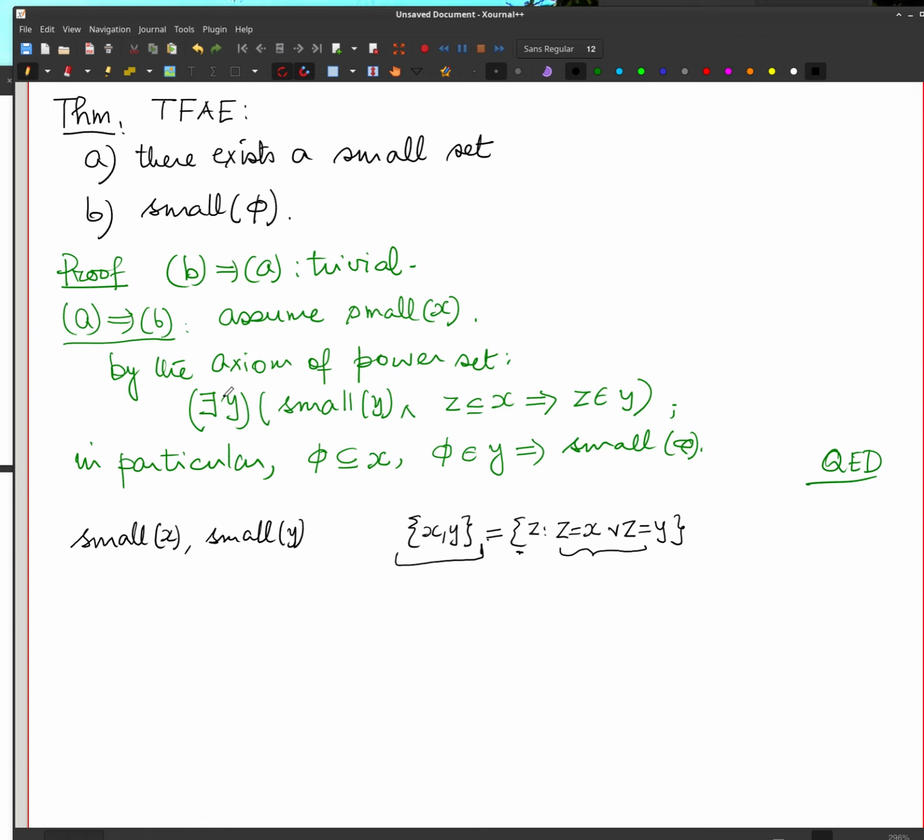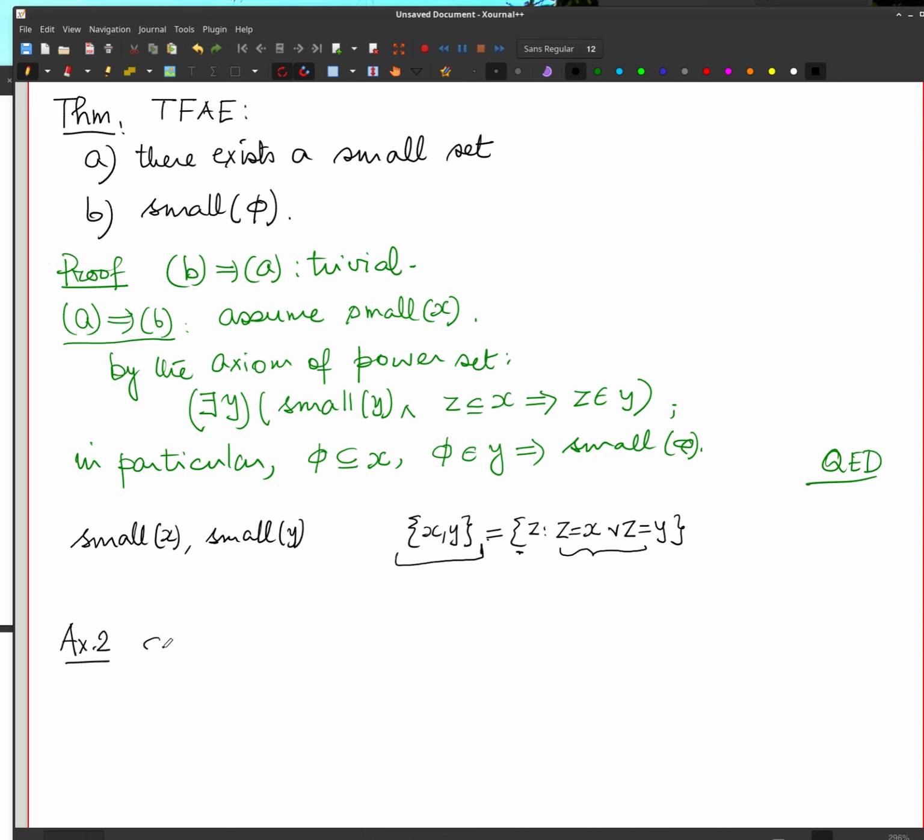Okay, so let me go back to page 7 of your notes, where the axiom of set building is given. So this is axiom 2. What is it?